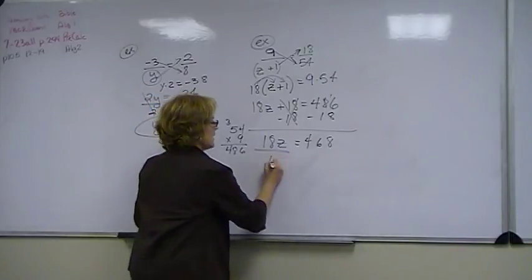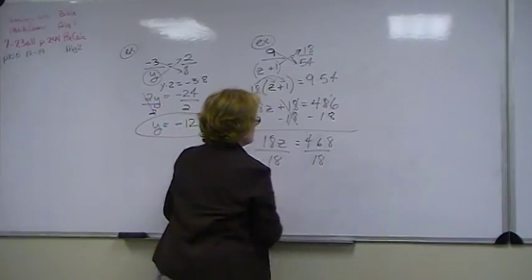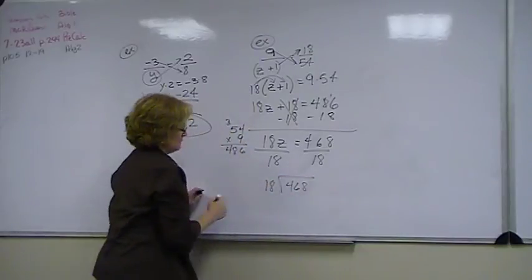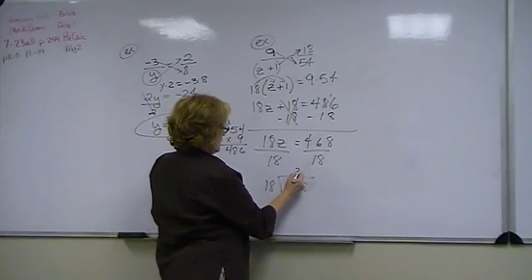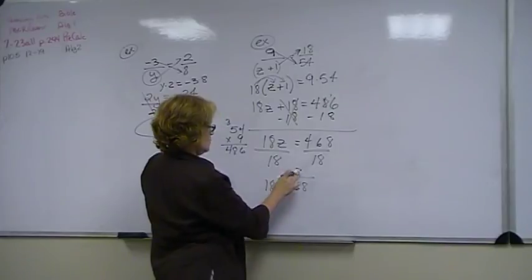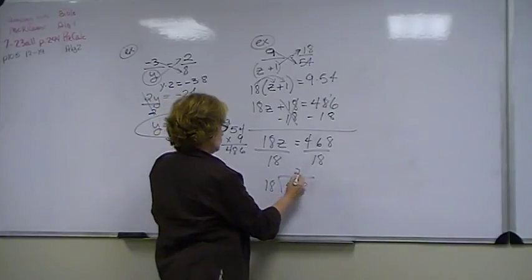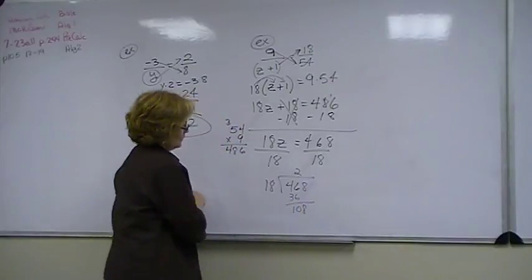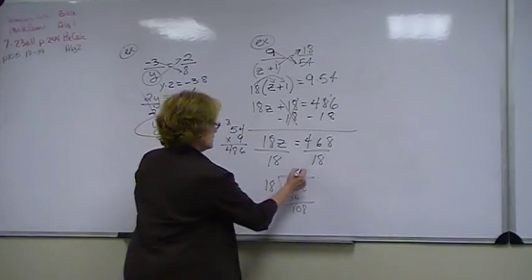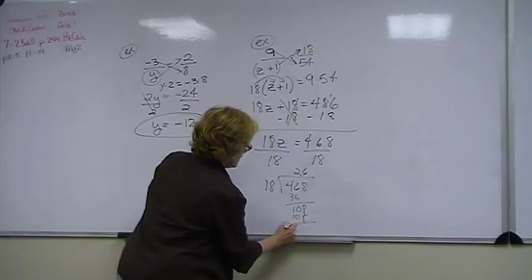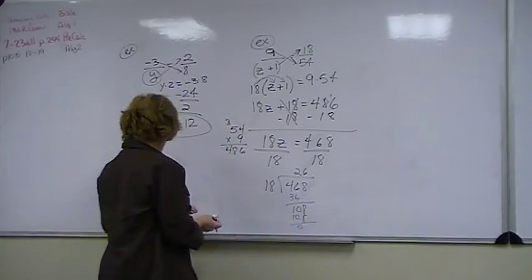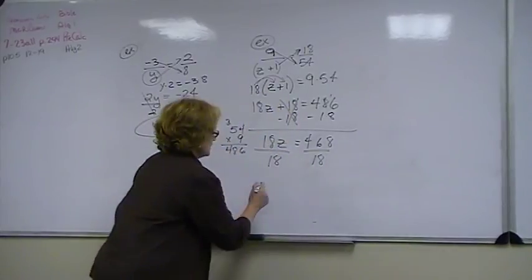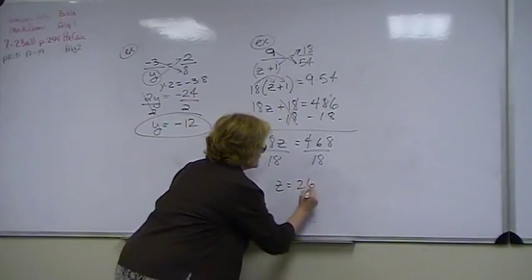Divide both sides by 18, and I have 468 divided by 18. That comes out to 26. So z is equal to 26.